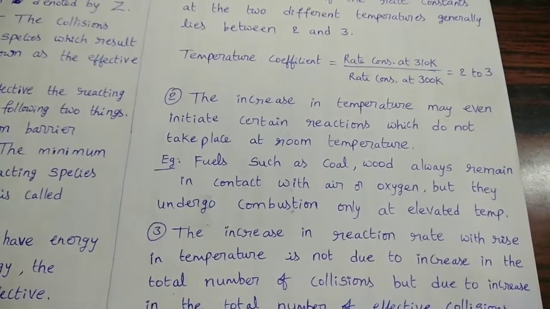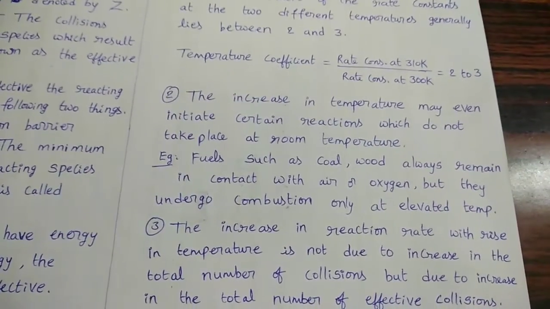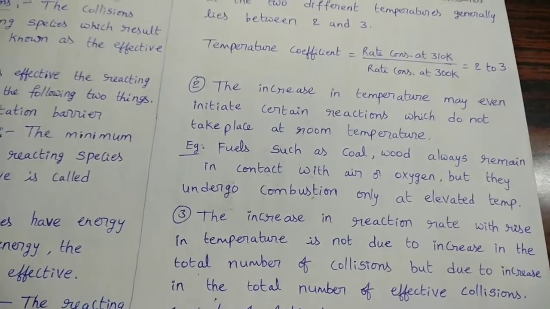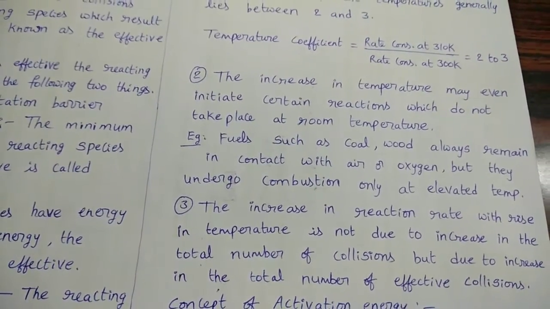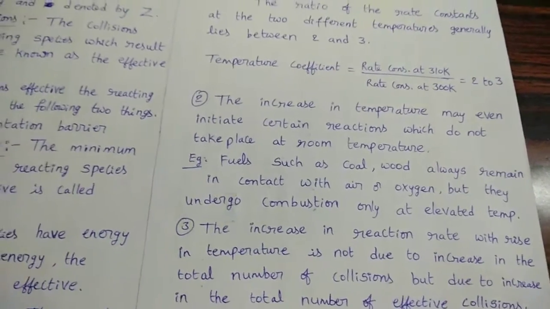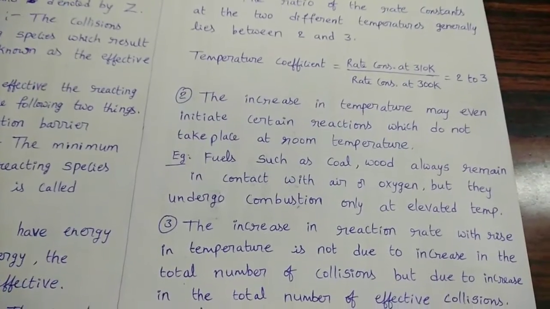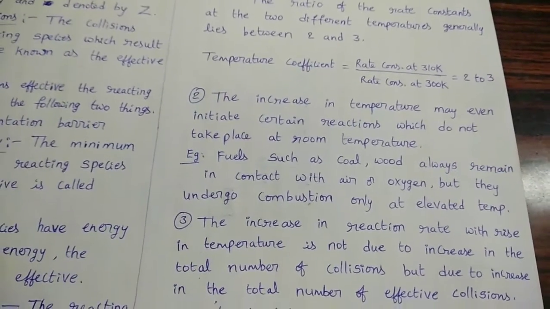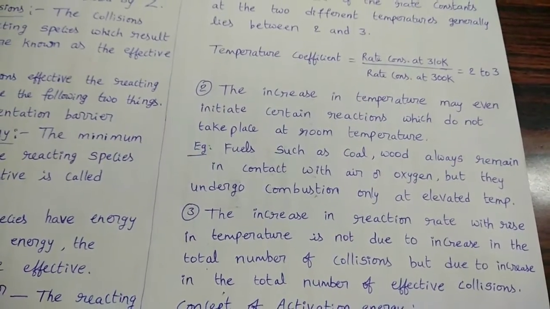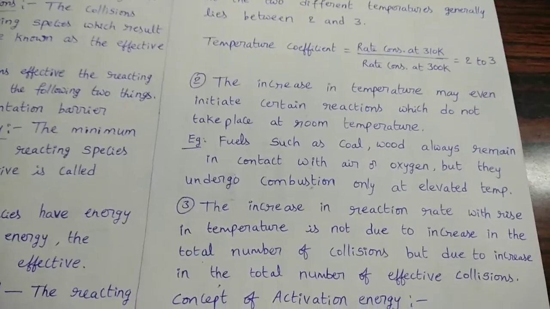When we increase the temperature, the number of collisions increases, because with increase of temperature, the reacting molecules absorb that energy, then they make more collisions. That means by absorbing this heat energy, their energy also reaches the threshold energy. That's why effective collisions also increase, and because of that the reaction rate increases.